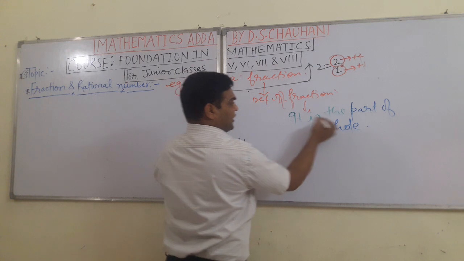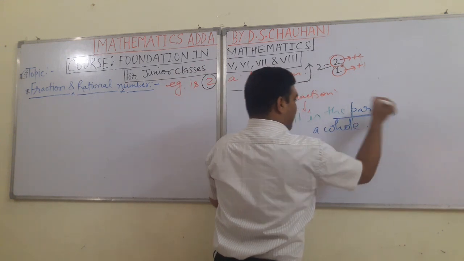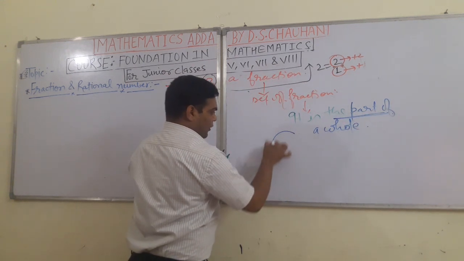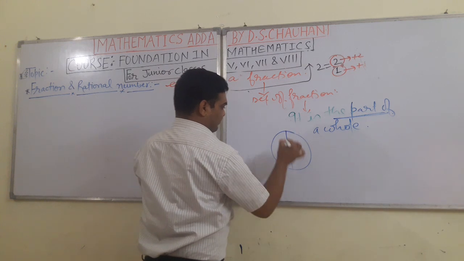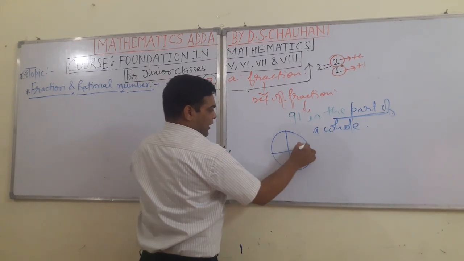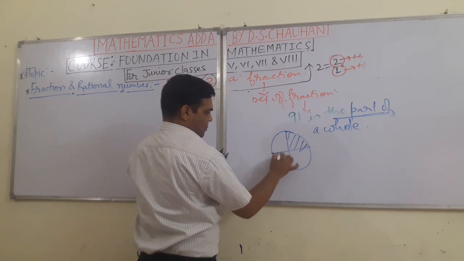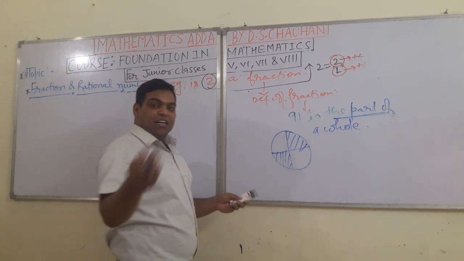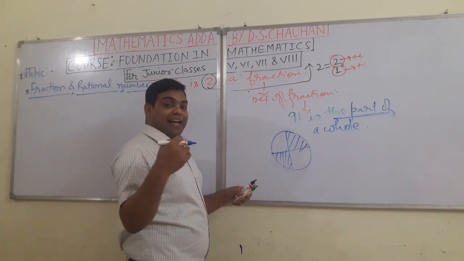So what is a fraction? It is the part of a whole. Like you can understand, see here, this is the whole thing whose two parts are shaded and two parts are unshaded.